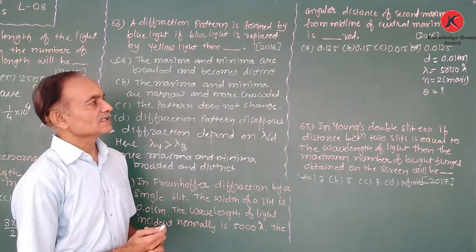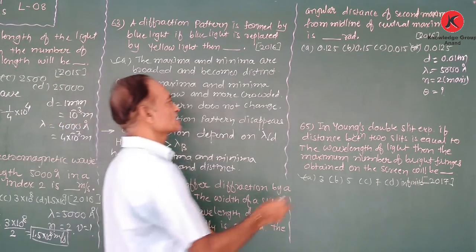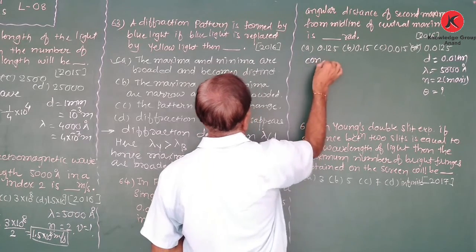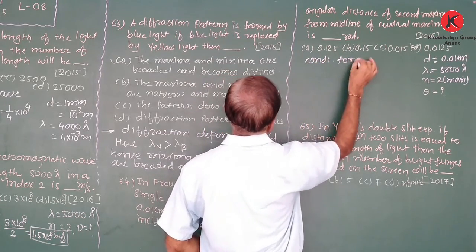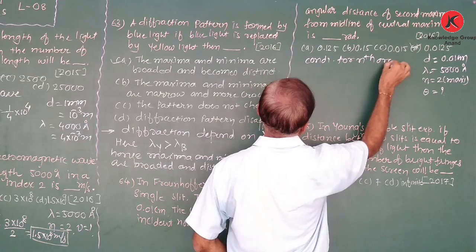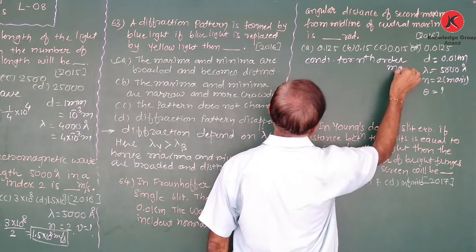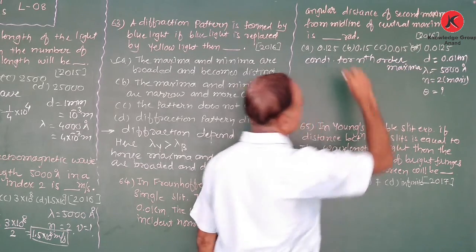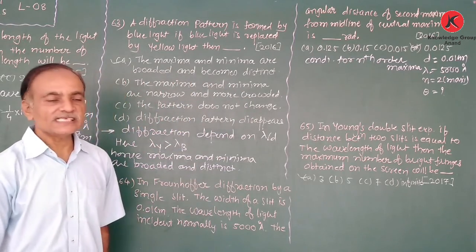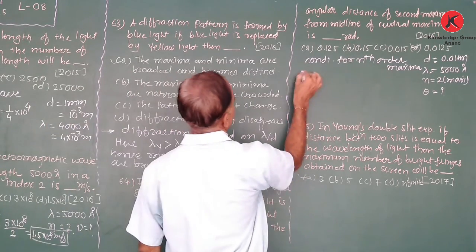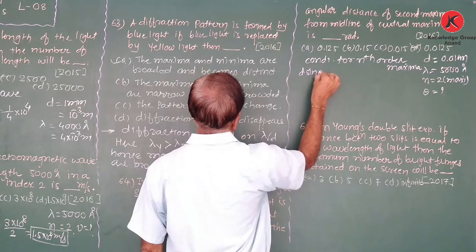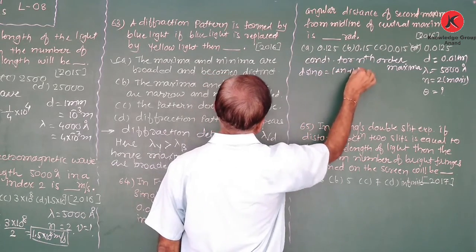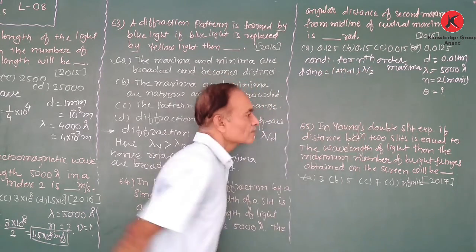For that purpose, we use the condition for nth order maxima. We already know that in the diffraction pattern, d sin theta is equal to (2n plus 1) into lambda by 2.